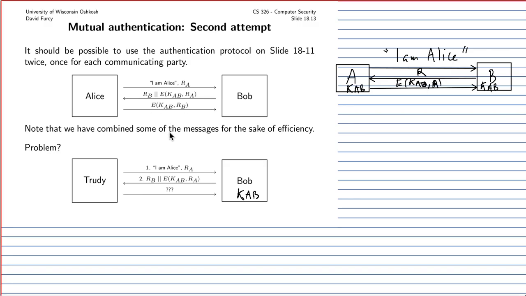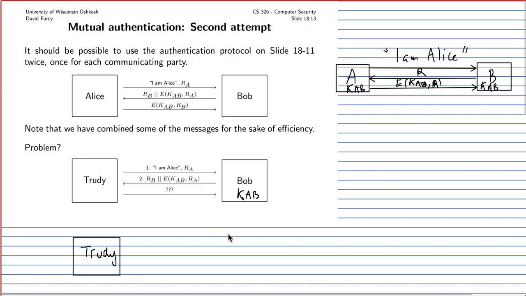So the idea is for Trudy, after these 2 messages have been sent and received, to do something really smart, which is to stop this protocol for a while and to initiate a different version of that same protocol with Bob.